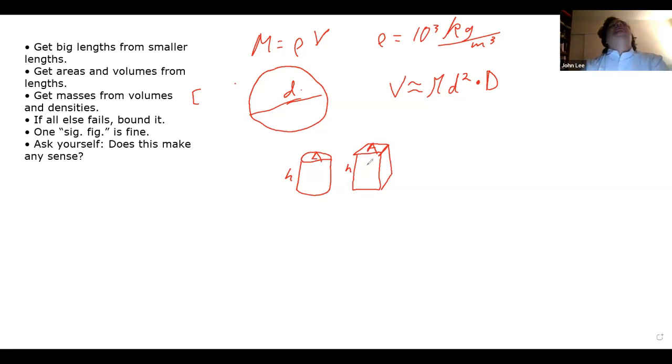So that is very, very much not great math, but it is a good approximation.